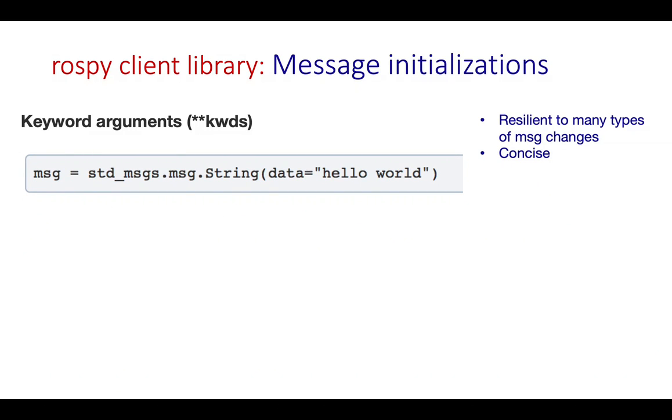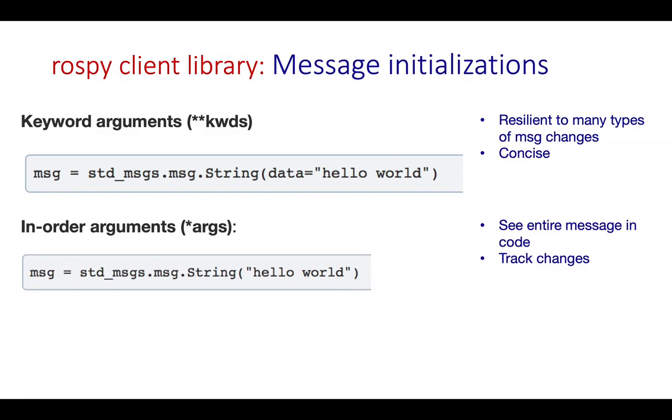So to summarize, we have the keyword style of arguments in which you need to specify the actual keyword of the data structure of the message and then assign the data to that. It's concise, and you can see what field is getting updated. In the in-order arguments, the benefit is that you get to see the entire message which is being passed. So that's also beneficial, right?